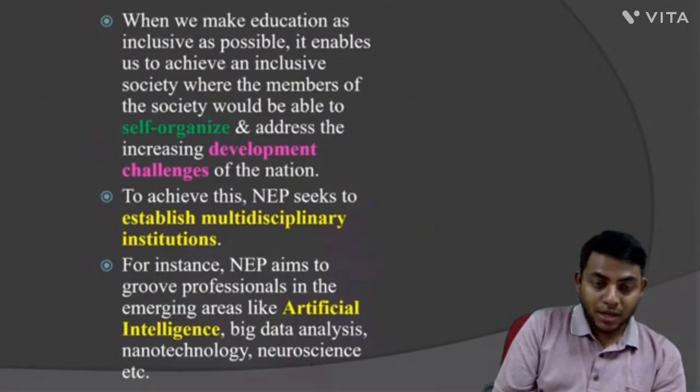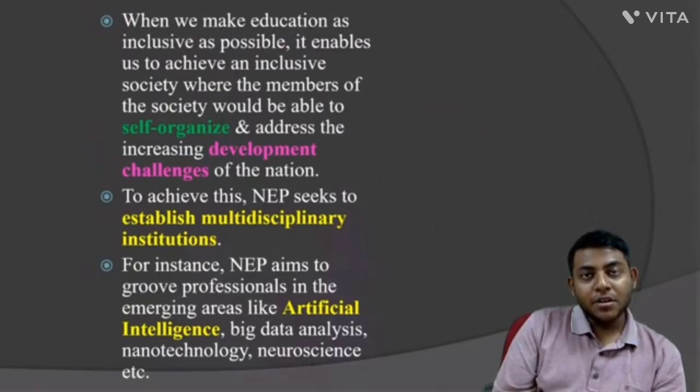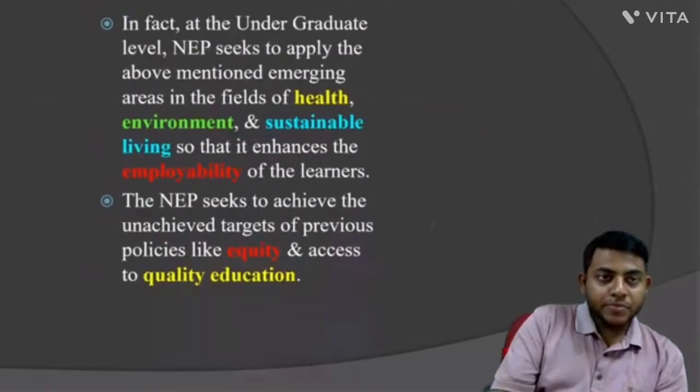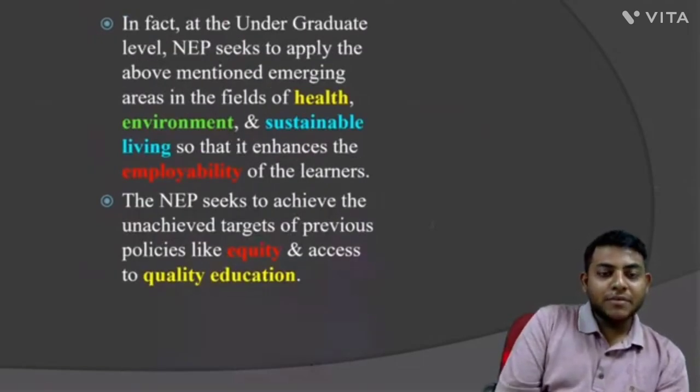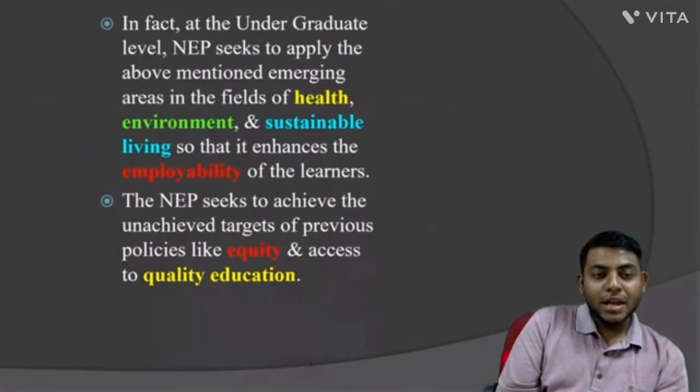So computer awareness seeks to enhance awareness in the fields of computers, robotics, biotechnology, nanotechnology. In fact, at the undergraduate level, the National Education Policy seeks to apply the above mentioned emerging areas in the fields of health, environment, and sustainable living.